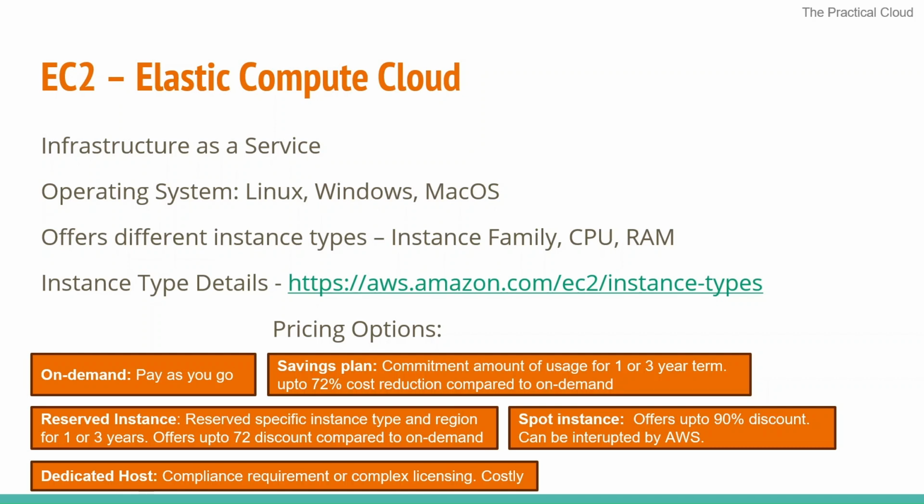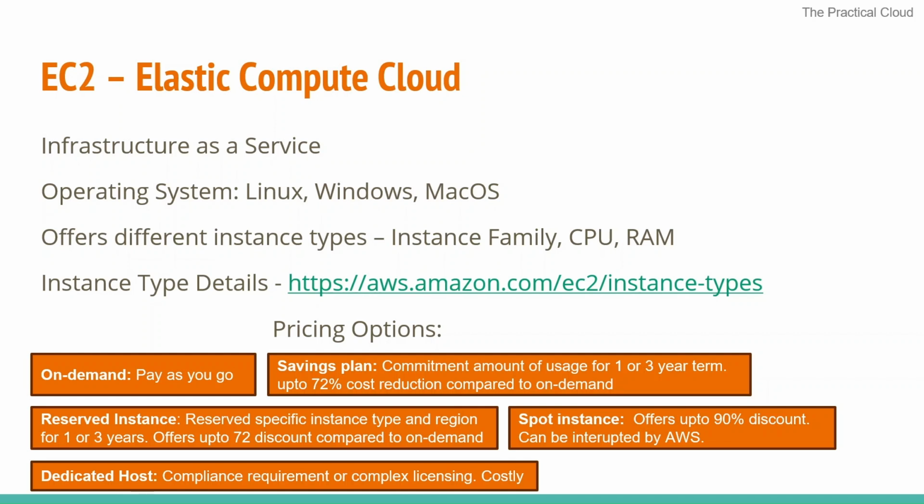Spot instance is useful for running workloads which can be interrupted or which are not going to take long. It offers around 90% discount compared to on-demand pricing, but this can be interrupted by AWS.